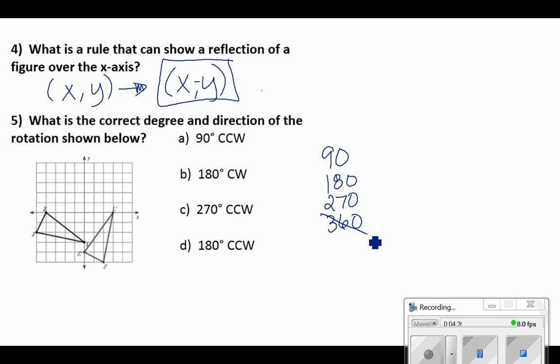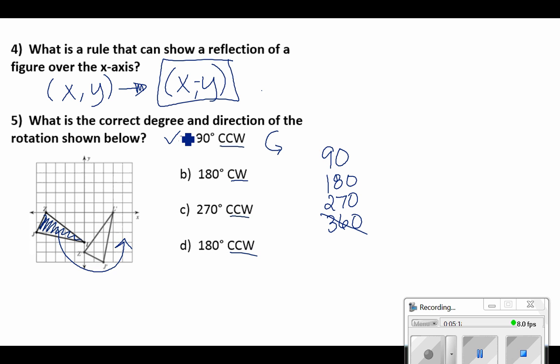So this is the original figure. I know it's hard to see on your paper. We are going to go clockwise or counterclockwise because we have those different choices. So let's check 90 degrees counterclockwise, since that's choice A. If I'm going counterclockwise, that means I'm going this direction. So if I'm here and I'm going that direction, I'm going to go just one section over, and that looks pretty good. It looks like it's giving me the right answer choice.